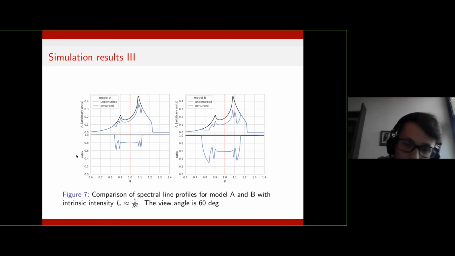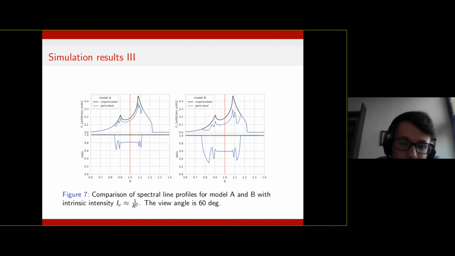The ratio panel at the bottom of each model shows the ratio of the perturbed spectral line to the unperturbed one, which makes even more visible the presence and position of the additional spectral line peaks that come into existence due to the gaps themselves.